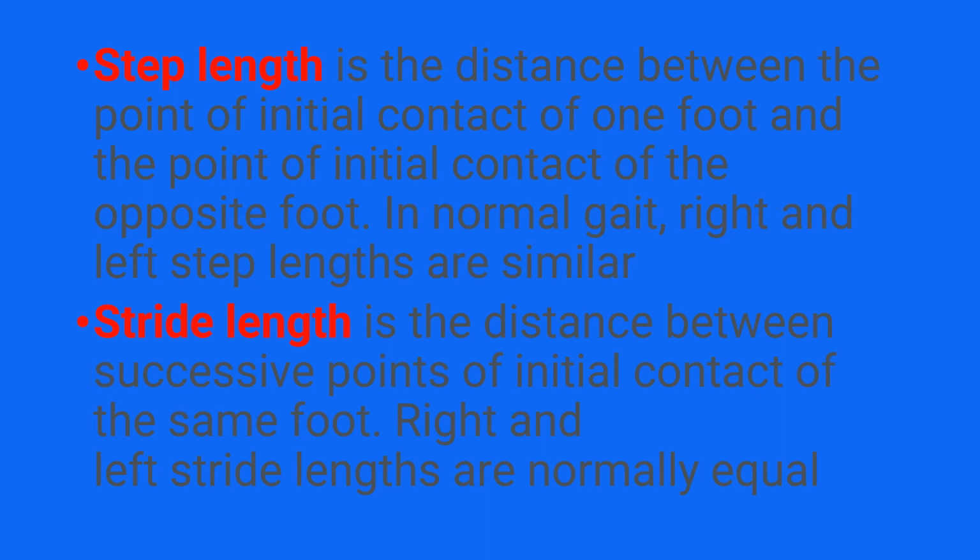The stride length is the distance between successive points of initial contact of the same foot, and right and left stride lengths are normally equal. You have to pass through two phases till you reach the stride lengths.